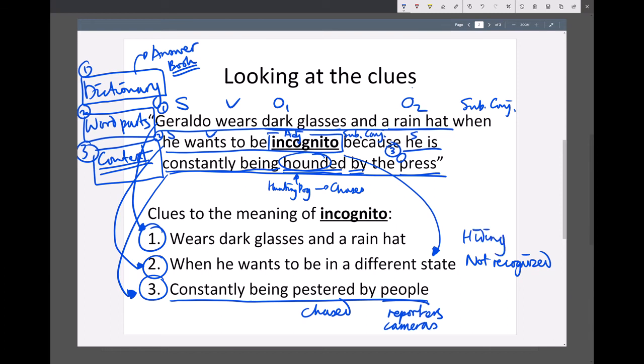So if you guess incognito means to be hidden, means to hide, means to not be recognized, you're probably right. So we use the context, which are the passages here, and we can use the word parts as well as the word form.